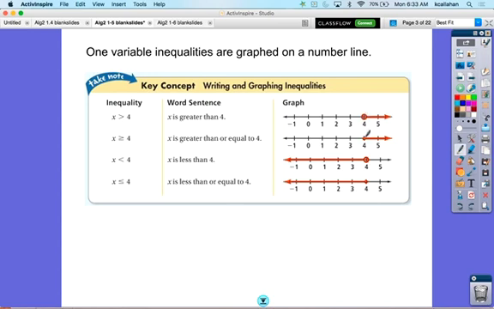Right? When you add the shading to that point, that means 4 solves this and any point to the right of 4. So x is less than 4 would be open circle on 4, shaded to the left. Less than or equal to, closed circle on 4, shaded to the left. Okay, this should be a very basic review.